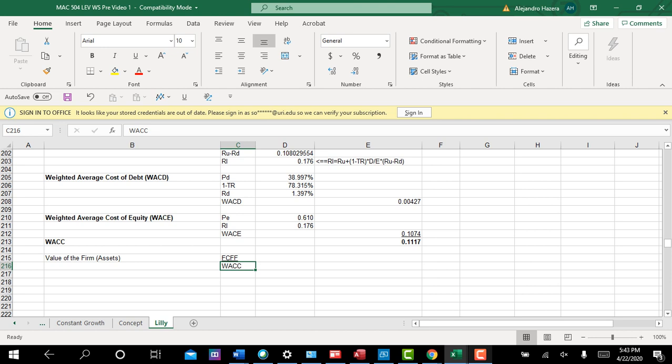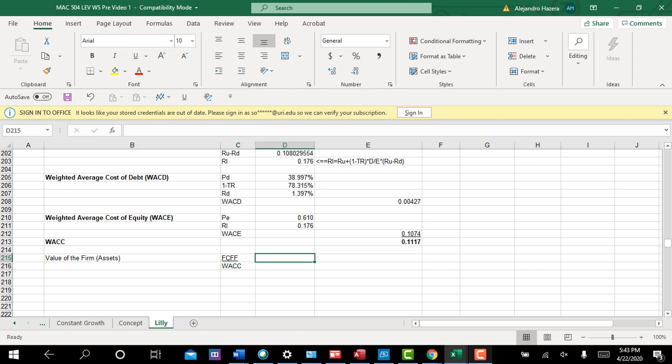And on the bottom, we have the weighted average cost of capital, which, as you have seen, includes both the cost of equity and the cost of debt. So both the denominator and numerator must include cash flows that match with assets, and a weighted average cost of capital, which by definition corresponds with the returns required by both shareholders and creditors.